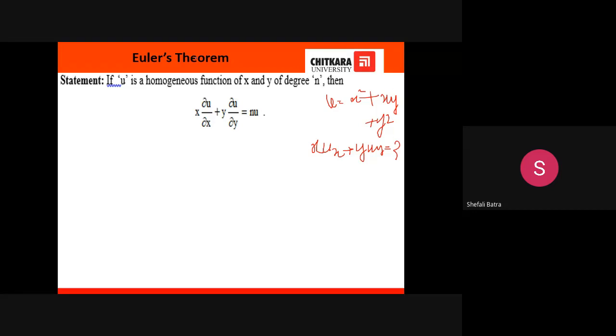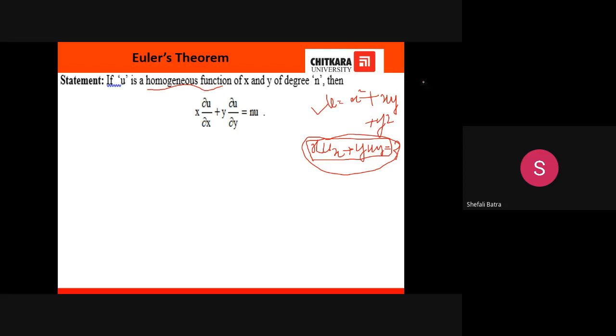But if I know Euler's theorem, which is applicable only for homogeneous functions, and I'm asking you the value for this, you can give me the answer within one line. So this is the benefit of Euler's theorem. If you are dealing with a homogeneous function and you need a value like x ux plus y uy, then you can give me the answer within 1 minute without any calculation.